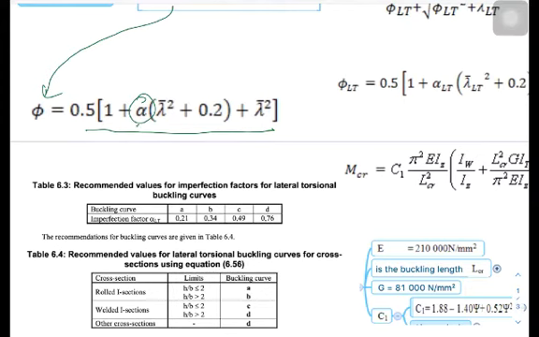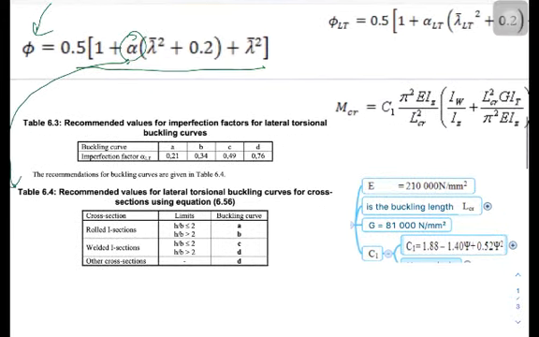So you need to go to table 6.4 first, and using a rolled section, you have to know the limit, whether h over b is less or greater than 2. If it is less than 2, then use buckling curve A. If it is greater, then use buckling curve B, right? And then you choose the value accordingly in the table here. If it is B, then alpha is 0.34.